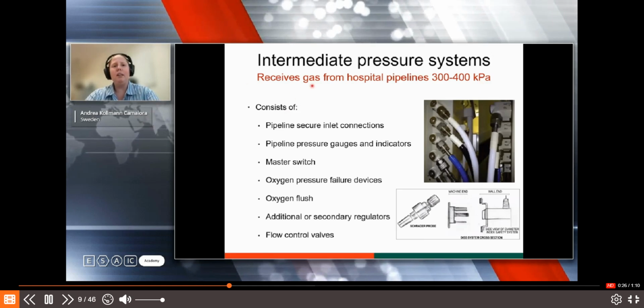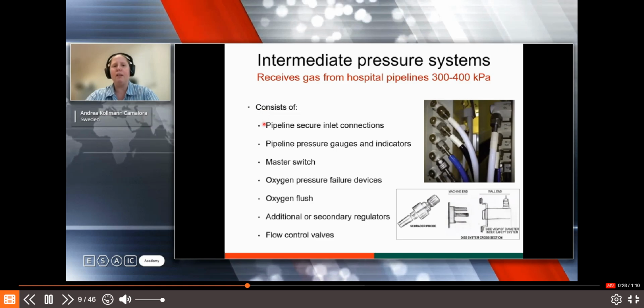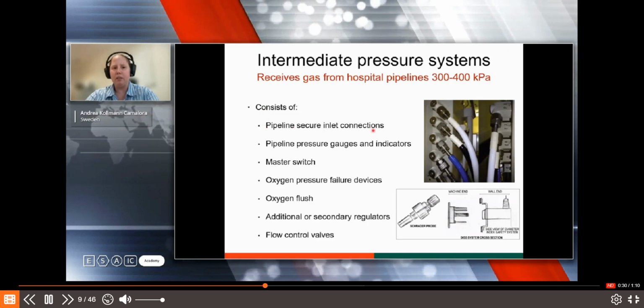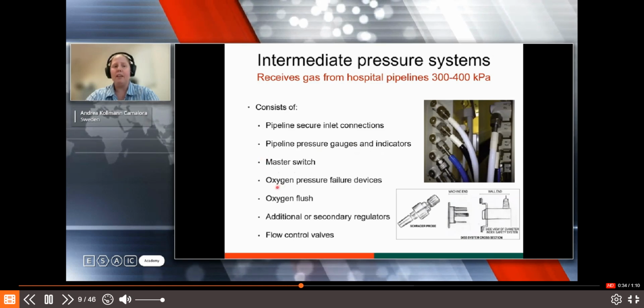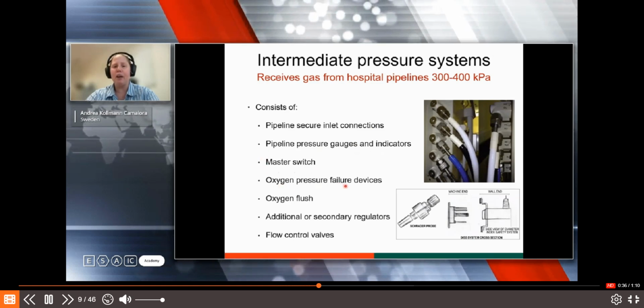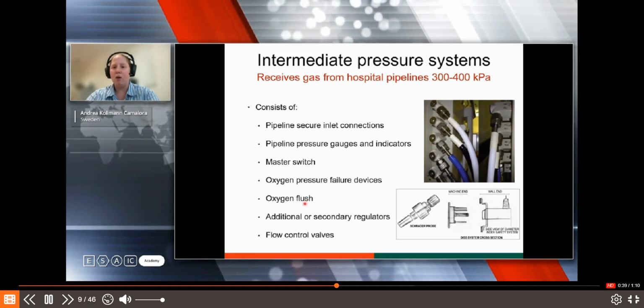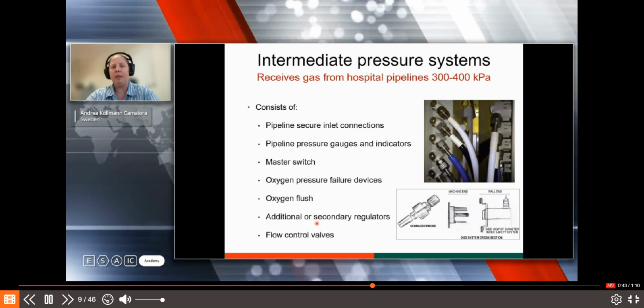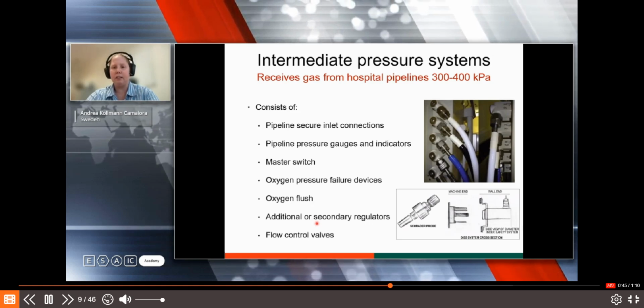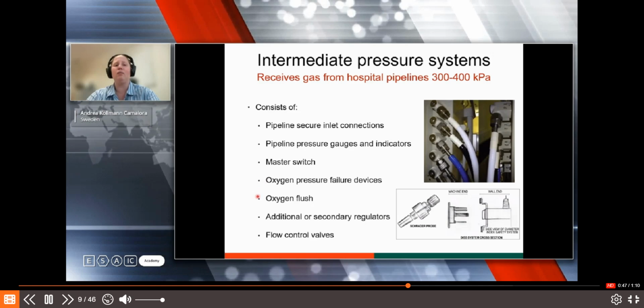So the intermediate pressure system consists of the pipeline secure inlet connections, the gauges, indicators, a master switch, the oxygen pressure failure devices, oxygen flush, and then more regulators. If I tell you what's the most important thing in this slide, it is the oxygen flush.